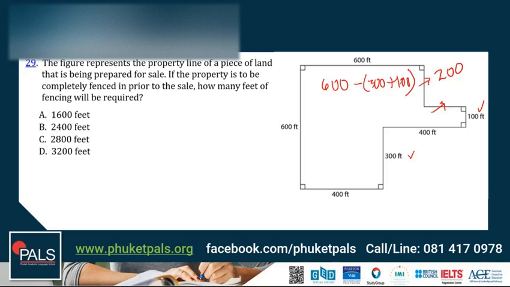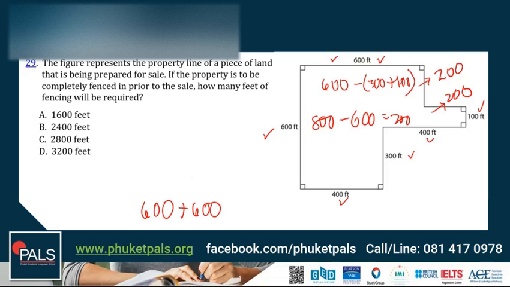Now this side, let's look at the length. Now we've got 400 here and another 400 here, so we've got 800 minus 600 is equal to 200 as well. So this side is also 200, and then add. We've got, starting from here, 600 plus another 600, then 200 and another 200.